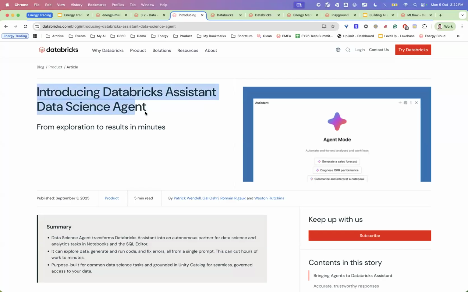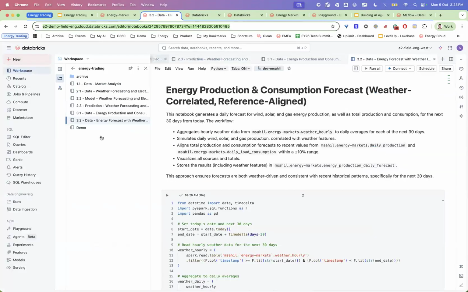What the AI assistant agent does is let you build classic machine learning models and forecasting models, which typically take days, weeks, and months. You can now cut down the time to a matter of a few hours. It's an assistant or agent mode, which enables data scientists and practitioners to build these models very quickly. So let's start with a small demo.